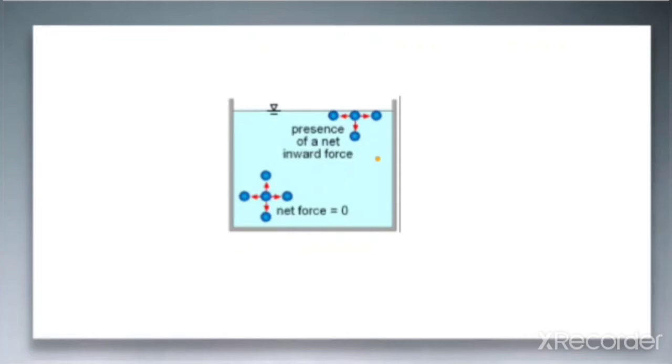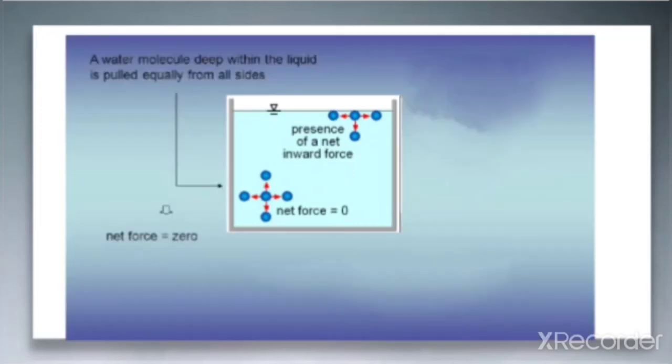In other words, we can say that the liquid at the surface is under a tension due to the imbalanced forces. This effect is called surface tension. So we can say that the net force in the case of a bulk molecule is 0, because a water molecule in the deep liquid is pulled equally from all sides.